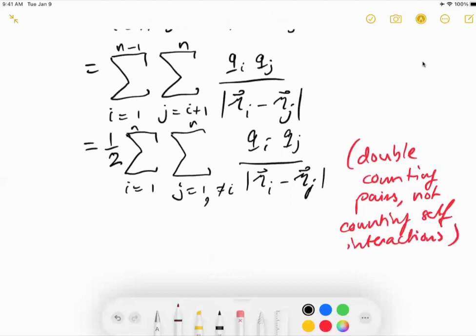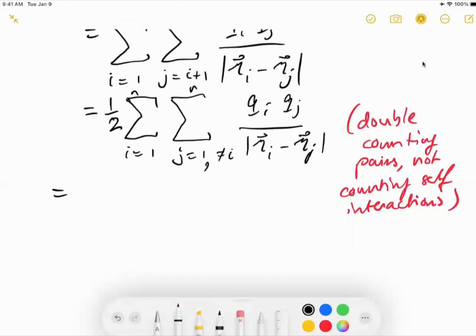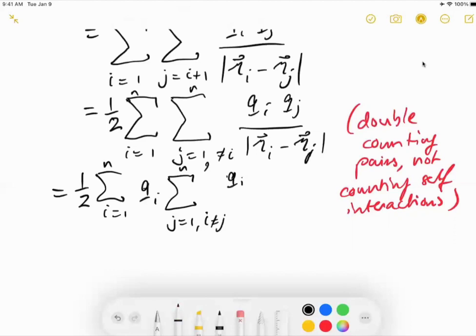Okay, so now I can factor out 1/2, sum over I 1 through n. This is Qi. I'm going to factor out my I. And then the sum over j 1 through n, not I. This is Qj over the distance between Ri and Rj.